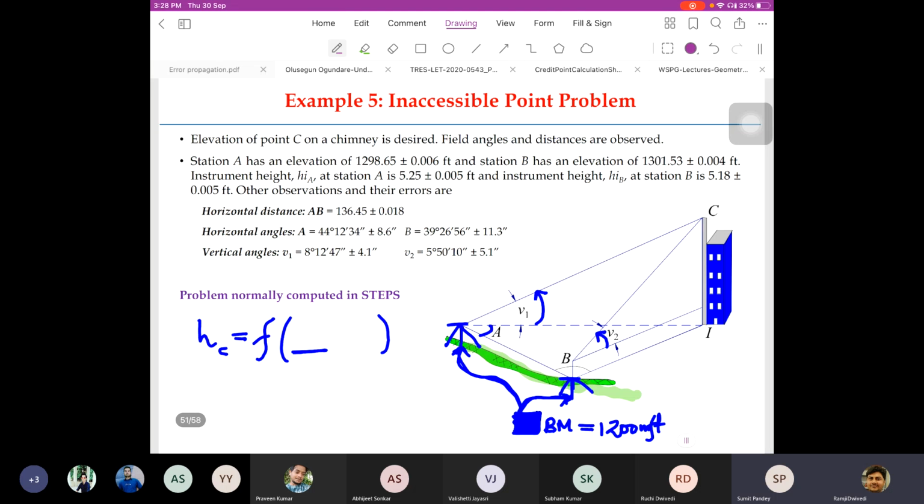So, 6 parameters. Wrong. Sir, 8. No. Sir, 3 parameters.